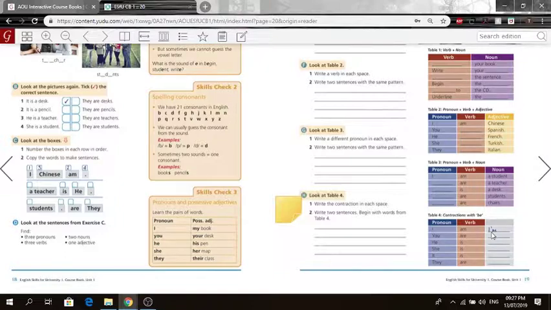So H-E apostrophe and S. So he's. Same thing with she. She's. S-H-E apostrophe and S. It is becomes it's. I-T apostrophe and S. You get rid of that I. They are becomes they're. So they, same word, apostrophe, and you get rid of that A and it becomes R-E. Okay, guys?